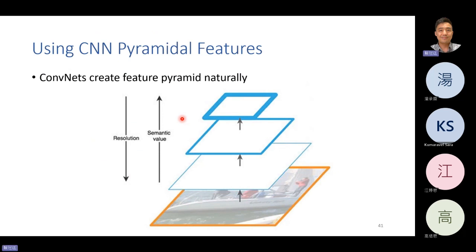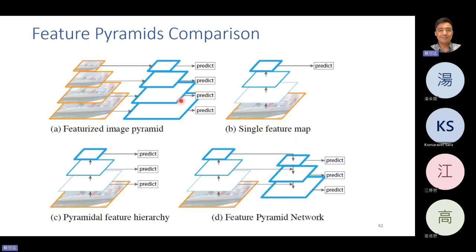As I said before, a convolutional neural network creates a feature pyramid naturally because we do max pooling. But the final layer has very little detail because it's been filtered out, though it has more semantic value. So SSD originally tried to predict at each layer of the CNN, while YOLO uses a single feature map to predict.